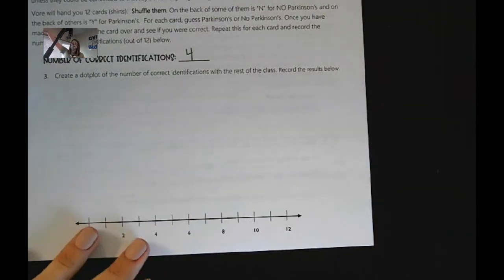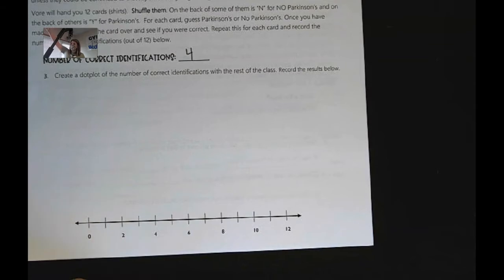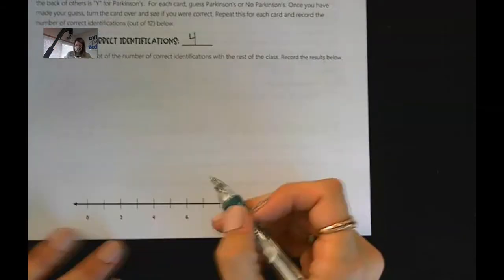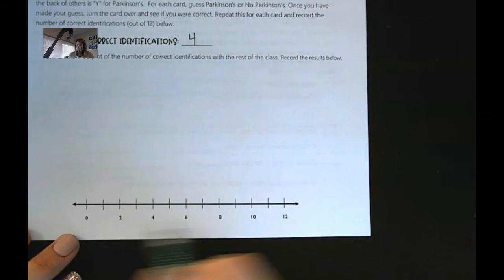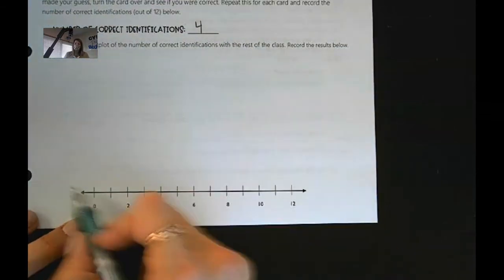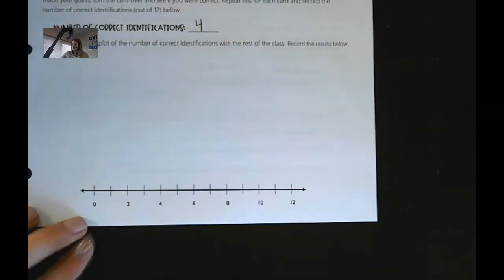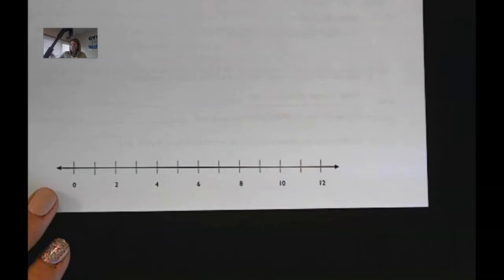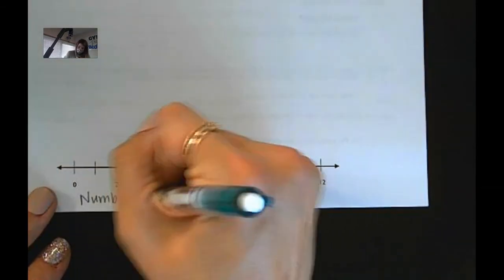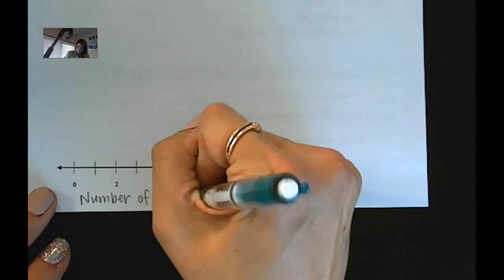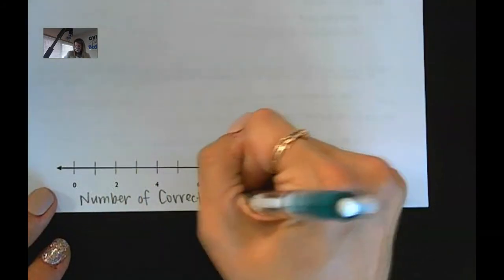You'd come up and put your sticker at the correct identifications, but since we can't do that, we're just going to do it here. So first thing, label your dot plot axes down here. One of the most important things to do when you're graphing is label the axes. So we're going to label this number of correct identifications.